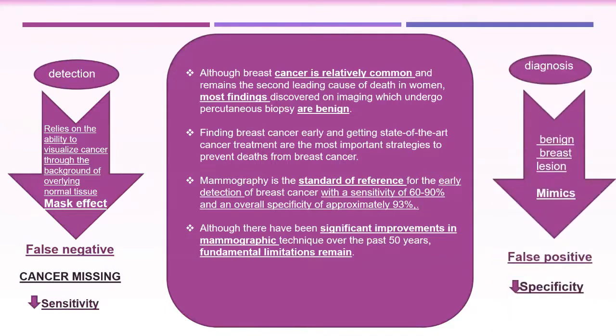Today, we are going to talk about the diagnosis and the ability to differentiate benign from malignant, as lesions might mimic breast cancer and result in a false positive result, reducing the mammographic specificity. If I ask you about this lesion, could you differentiate which one is benign and which one is malignant?